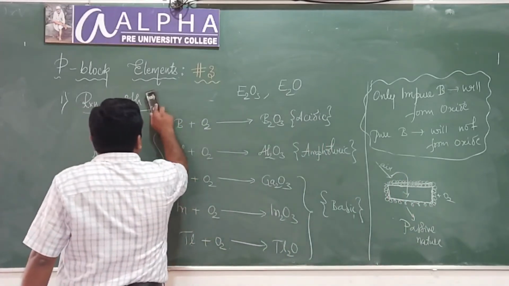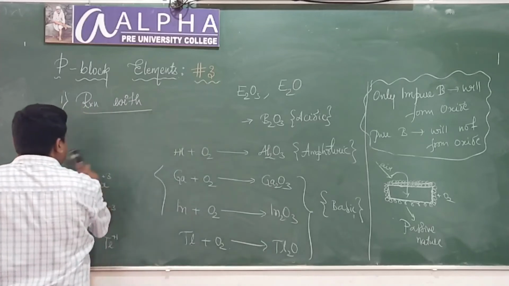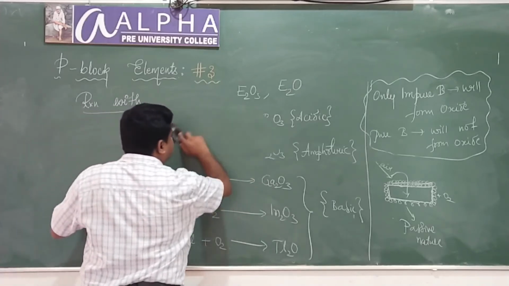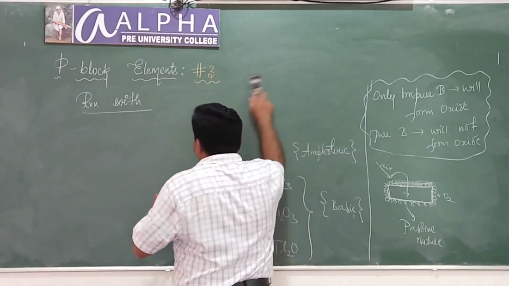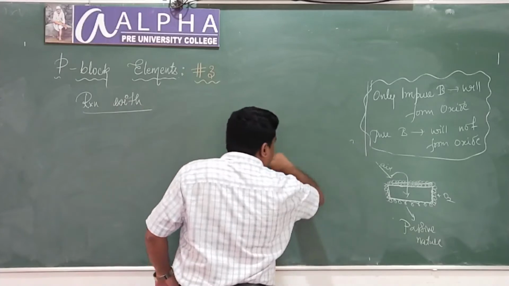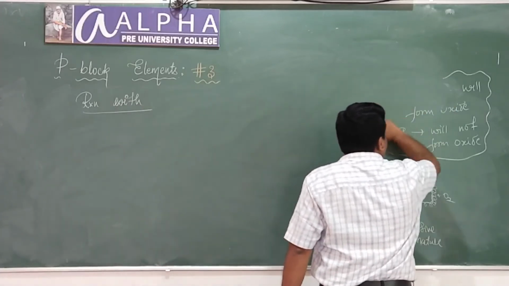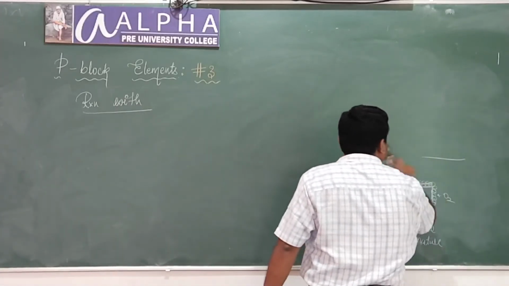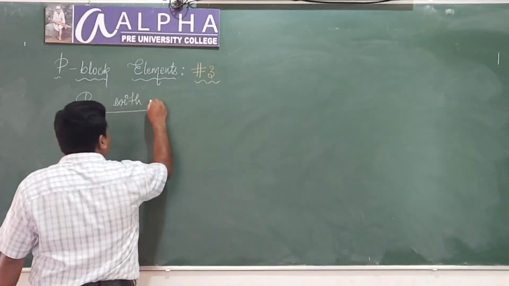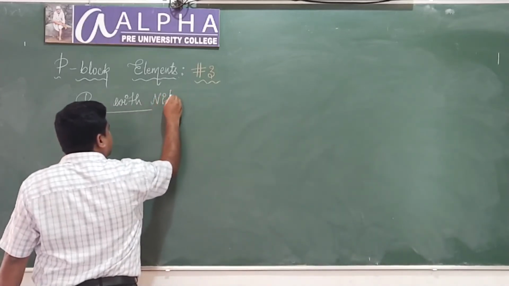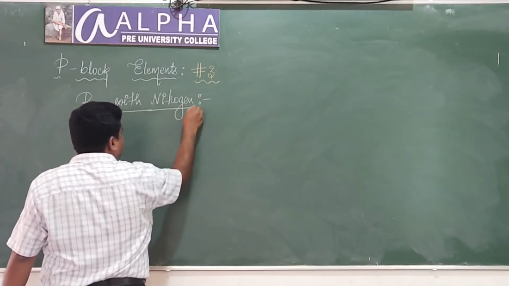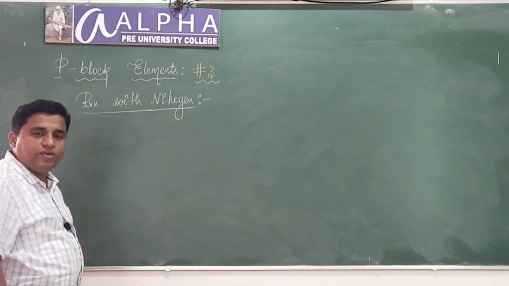Now let us learn the next chemical reaction of these boron family elements. What is the next reaction? Reaction with nitrogen. Reaction of boron family elements with nitrogen. Again a very simple reaction.